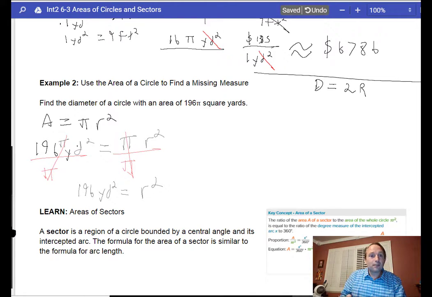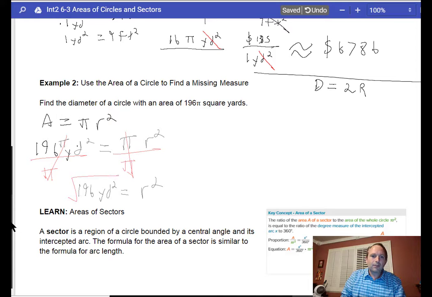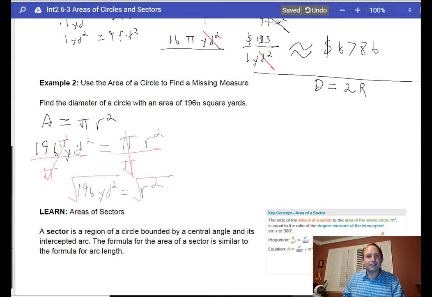So what's the opposite of squaring? The opposite of squaring is square rooting. So we are going to find the square root of 196. How do we do that? We use a calculator. That's it. Just put 196 square root. So square root of yard squared would give me yard.